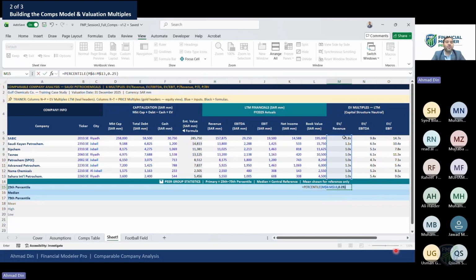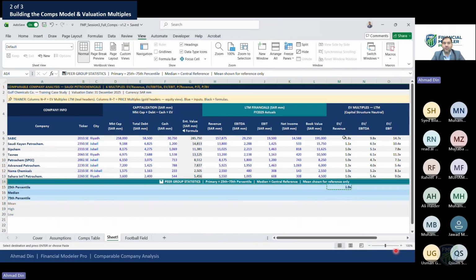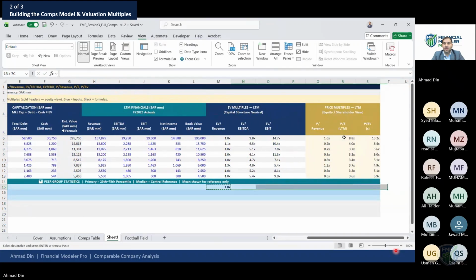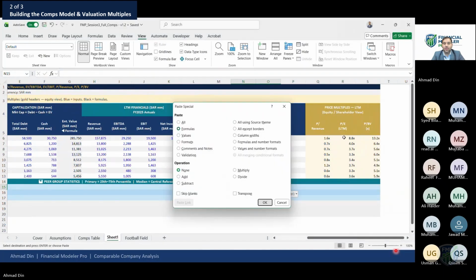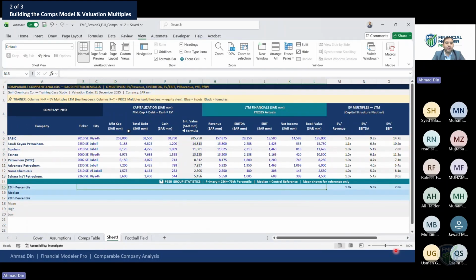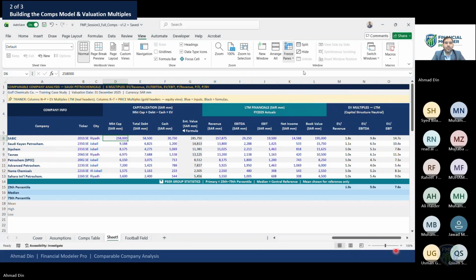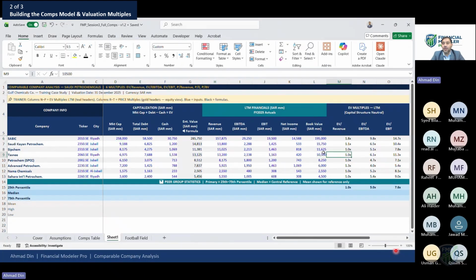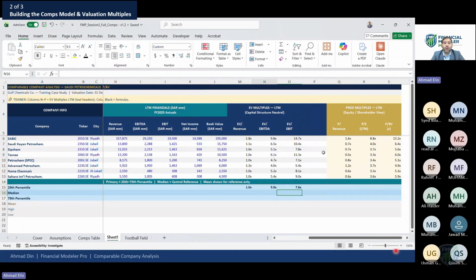We are calculating the 25th, so it's 0.25. For these multiples, let me log this one so we can see what's going on. Okay, so we calculated the 25th for all the companies, and also for the price multiples.